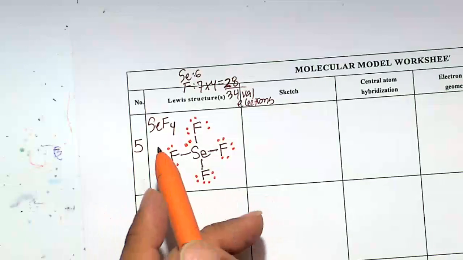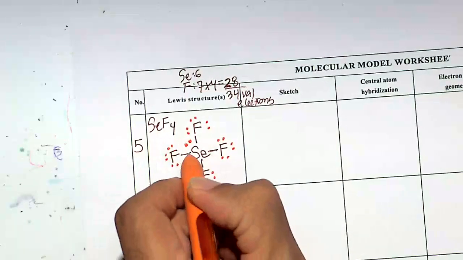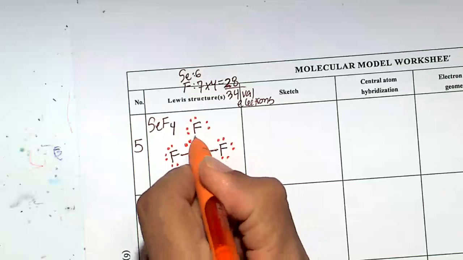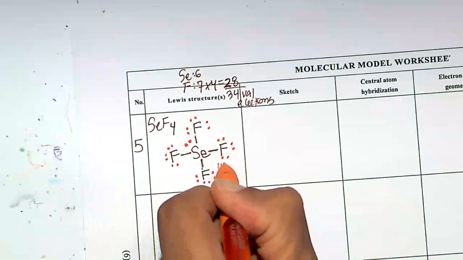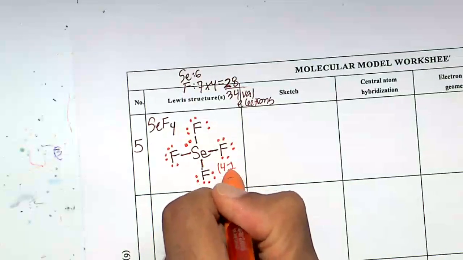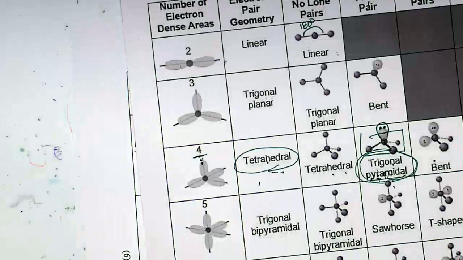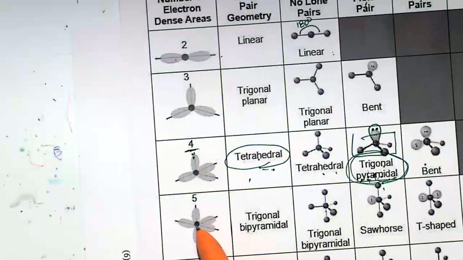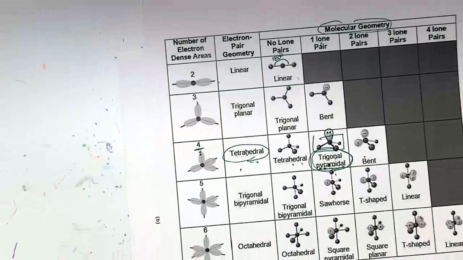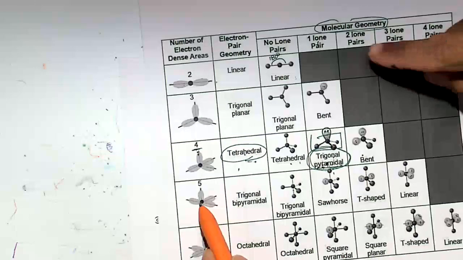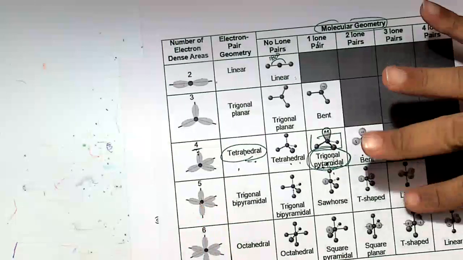So, Amy, I'll just pick on you. How many bonds and how many lone pairs? 1, 2, 3, 4: 4 bonds, and 1 lone pair. So that's a total of 5. 4 plus 1 is 5, right?